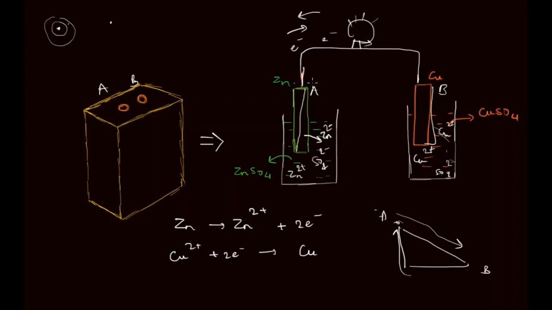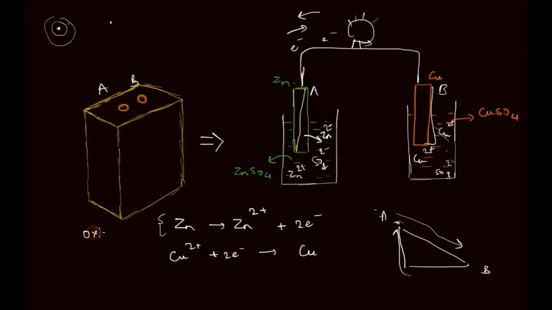Now, there is some more nomenclature which I think is good to know. This point A, the zinc rod, loses electrons, right? So the reaction which happens at the zinc rod is called oxidation.